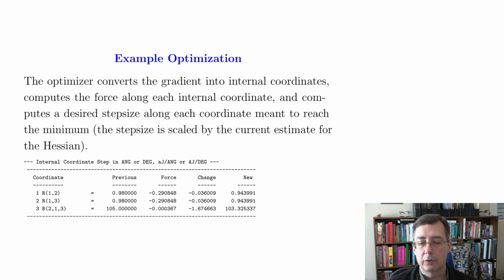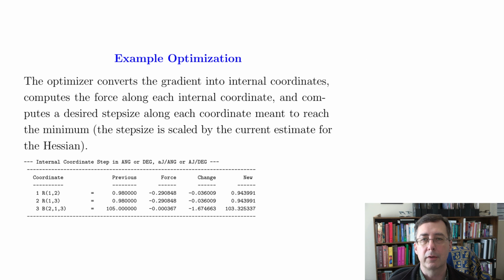So you'll notice we're going to try to decrease the bond lengths from 0.98 down to about 0.94. So they were a little bit too long at this level of theory. And then similarly, the bond angle, which I thought was a pretty good guess at 105, at this particular level of theory, it thinks it needs to step it down by 1.7 degrees or so down to 103.